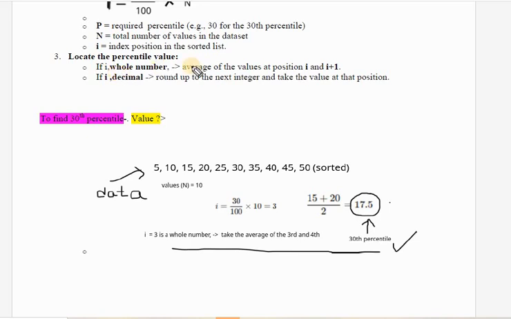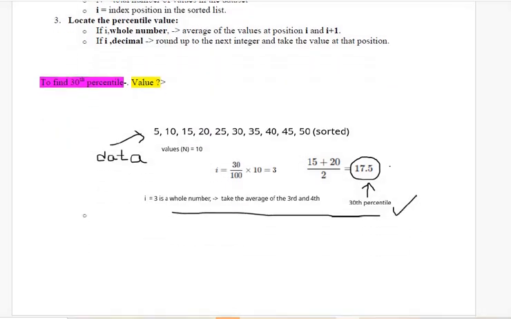If it is a whole number, we have to take the average of values at position I and I plus 1. So the index is 3, which means we take 15 and 20, average 17.5. This means the 30th percentile lies somewhere between 15 and 20. This is the meaning.